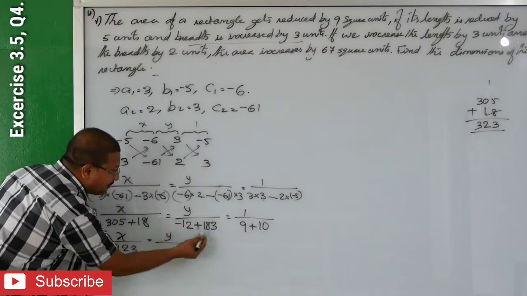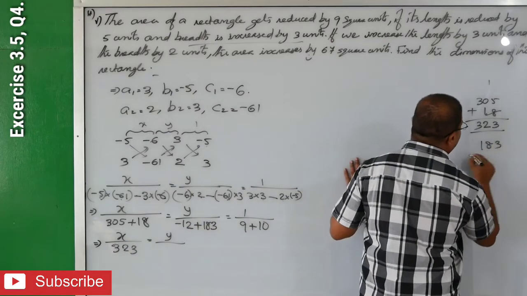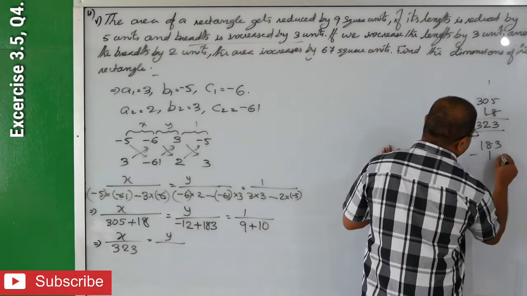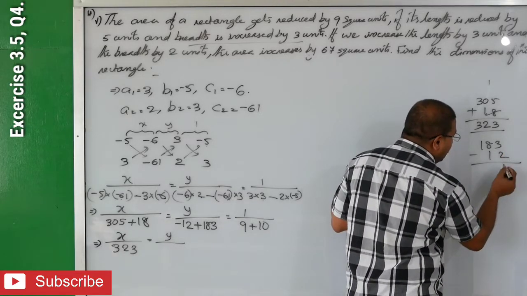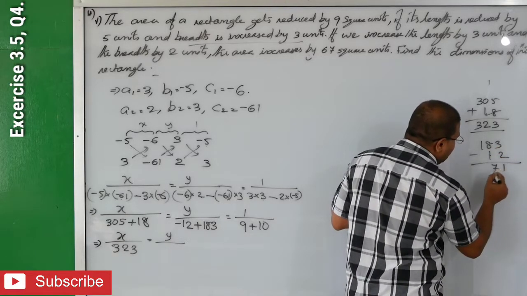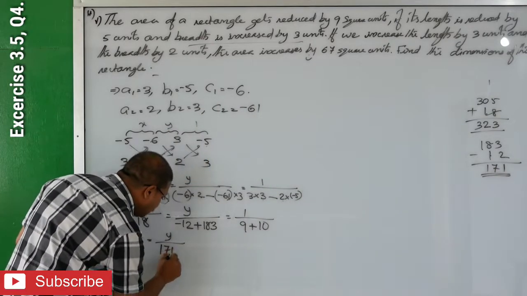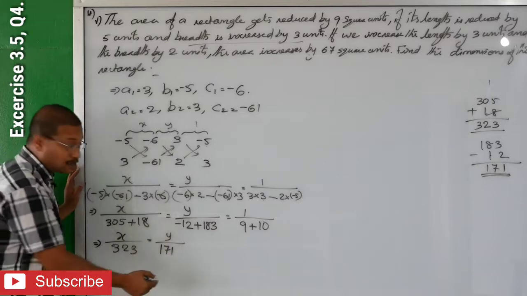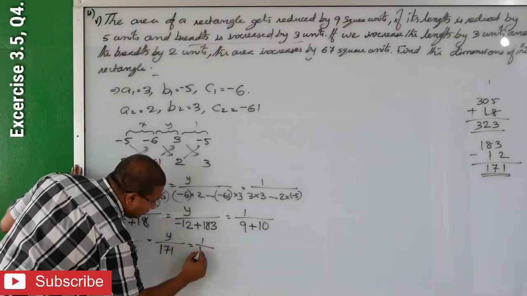Now plus and minus, minus. That means 183 minus 12. That means 3 minus 2, 1. 8 minus 1, 7. And this 1 we will write. That means 171. Of course, it should be plus because the bigger number is plus. Equals 1 by 9 plus 10, 19.